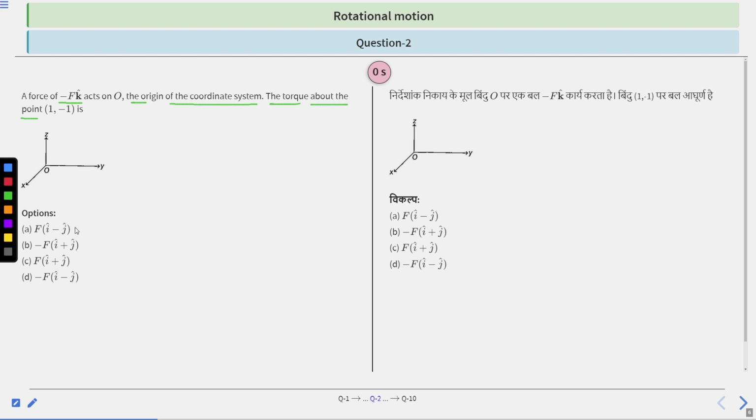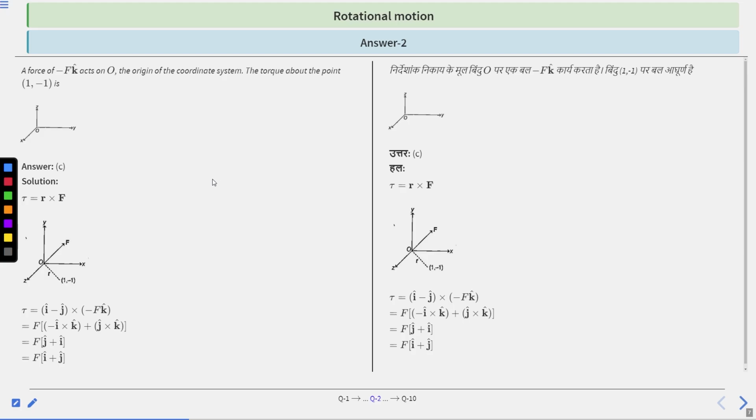Let's find the solution. So we know the formula of torque, which is r cross F. This is the formula of torque, r cross F. Clear? So the force is given as minus F k cap, and about the point (1, -1).